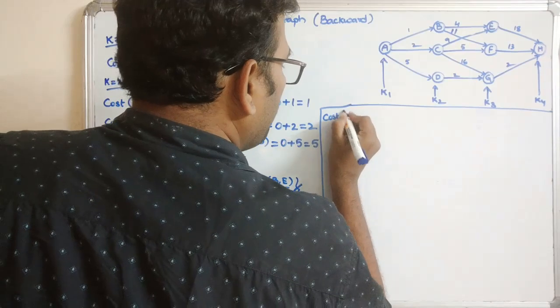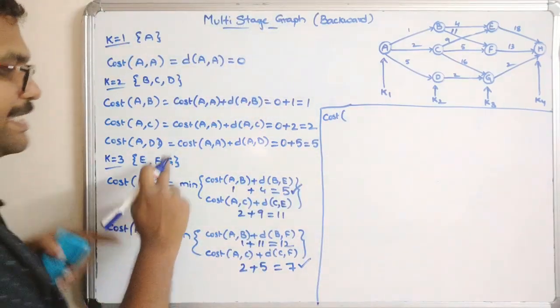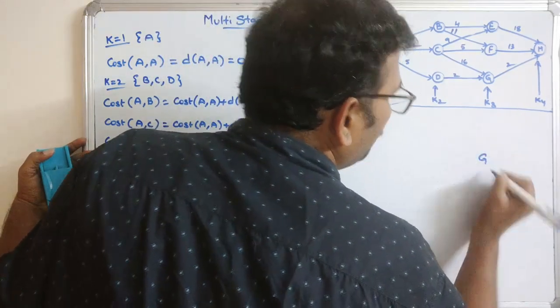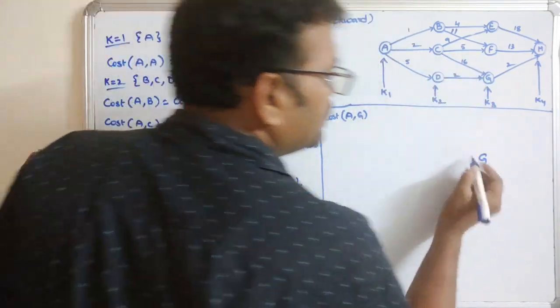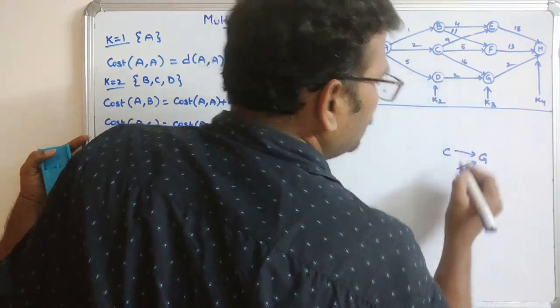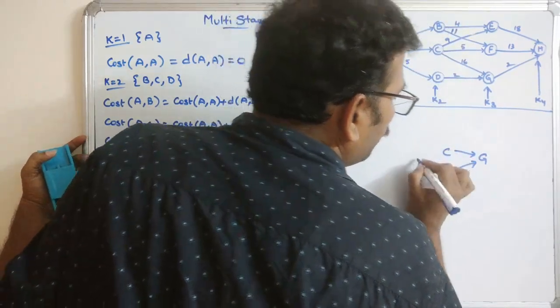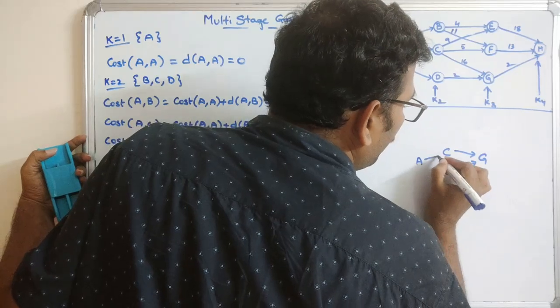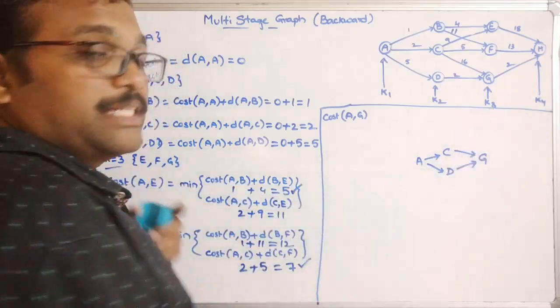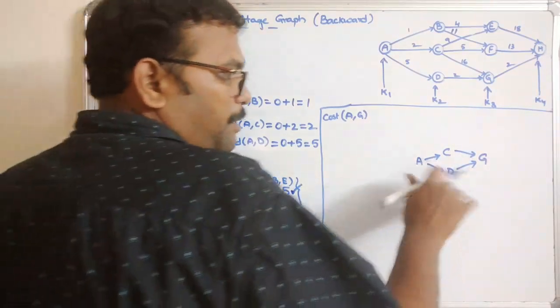Now there is one more vertex, G. So source to G. How many incoming edges are there for G? You can see 2 edges. One is from C, another one is from D. So we can travel from A to C and A to D. Which one do we have to select? The minimum path.